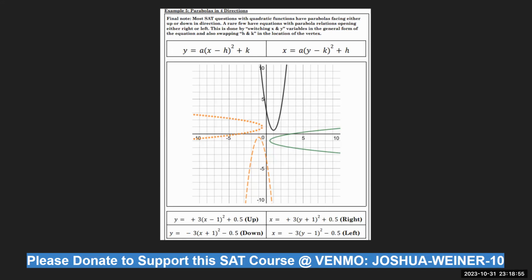You can pause the video. If we switch x and y, that upward parabola becomes the green parabola on the right. And if we change the sign from positive to negative, we can make a downward parabola and also a parabola with a vertex that opens to the left, such as this parabola here.